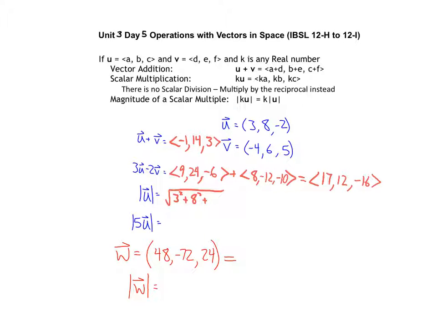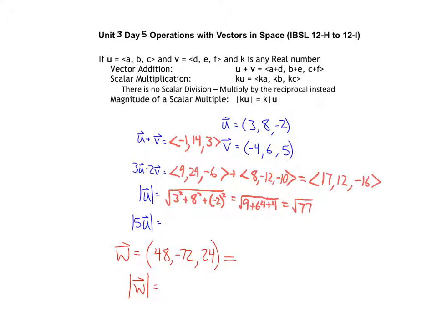So we just throw that in as well, negative 2 squared. So we have now the square root of 9 plus 64 plus 4, square root of 77 would be the result. Okay?